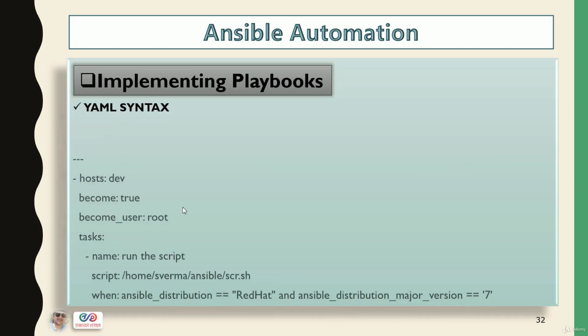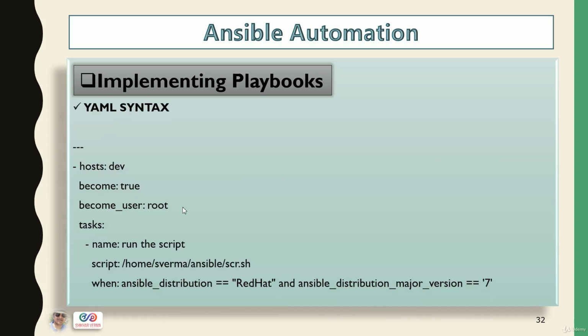So here I have taken a very simple example, and you can see here it started with three dashes. This is a simple playbook written in YAML syntax. It started with three dashes and then a single dash, and here you have to be very cautious about the spaces.